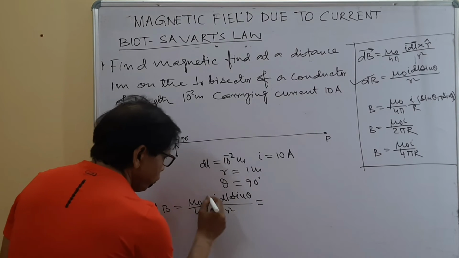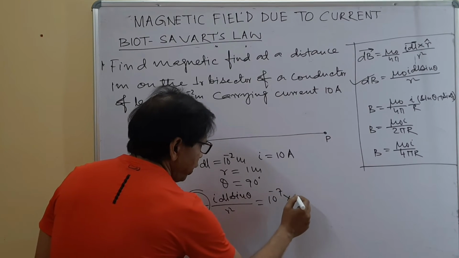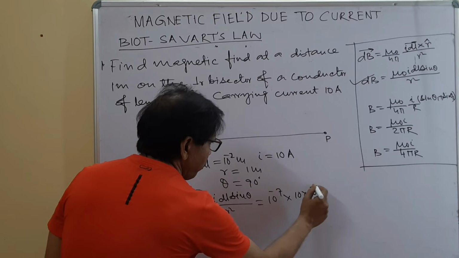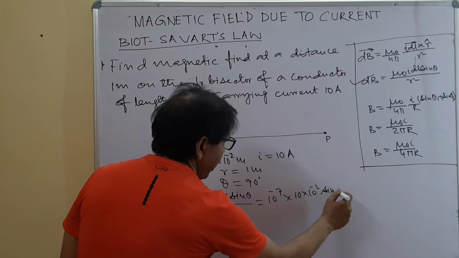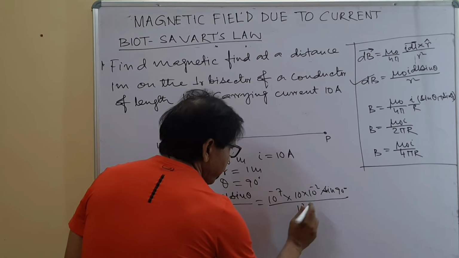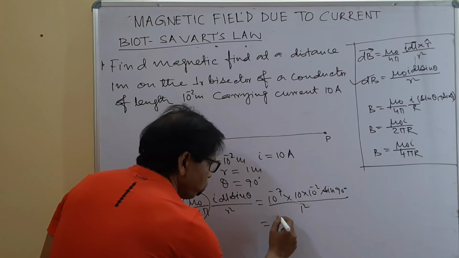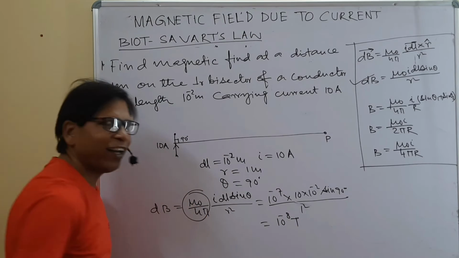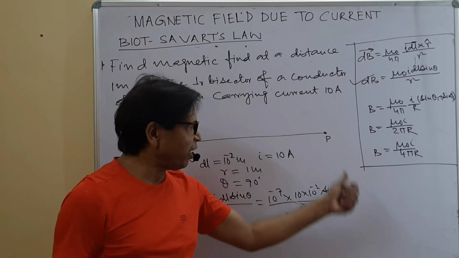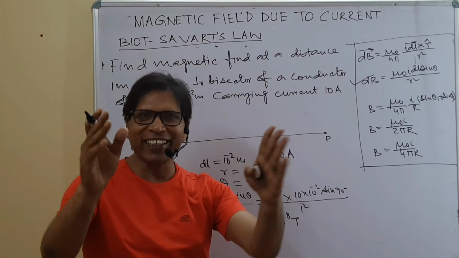This value is 10 to the power minus 7, into 10 into 10 to the power minus 2 into sin 90 degrees, divided by 1 square. So this becomes 10 to the power minus 8 Tesla. So the magnetic field at this point is 10 to the power minus 8 Tesla.